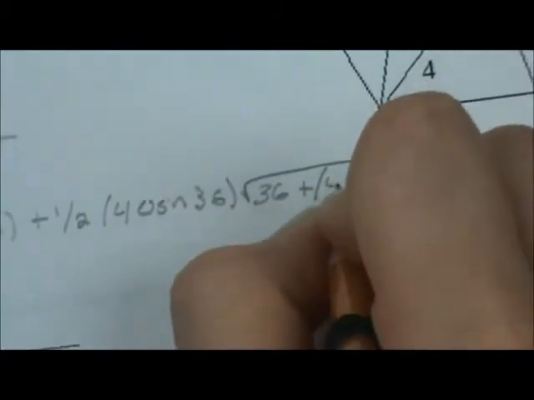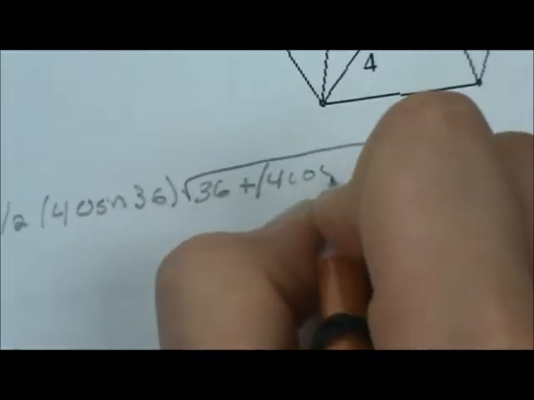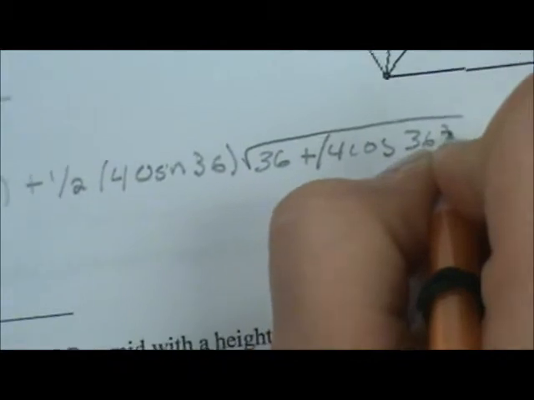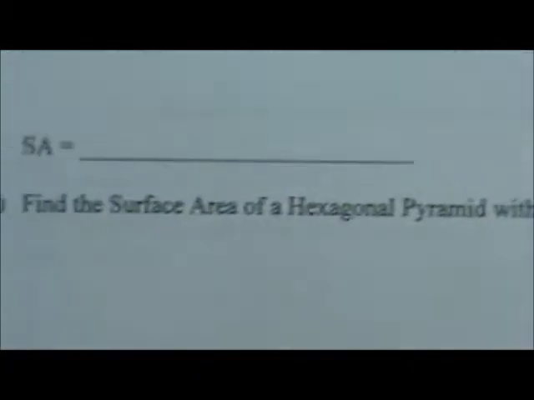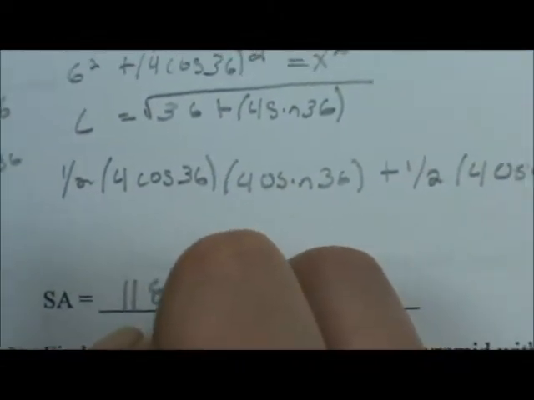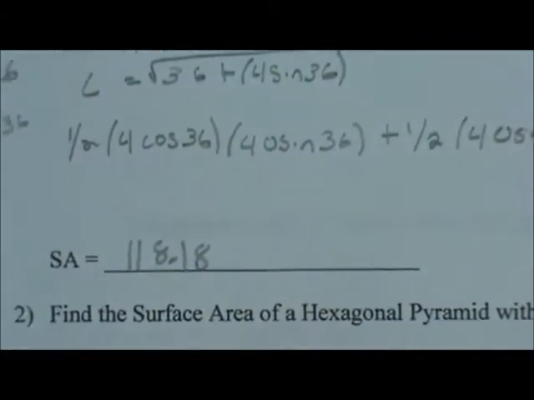And then we just pretty much plug all that into our calculator using parentheses in the right spot. And that is all going to equal 118.18.